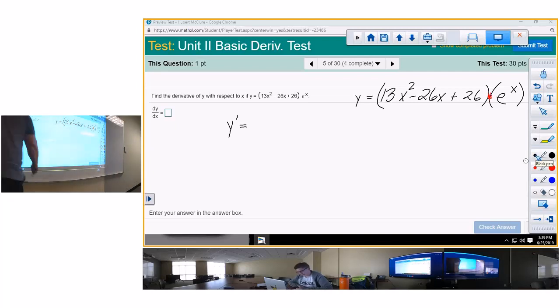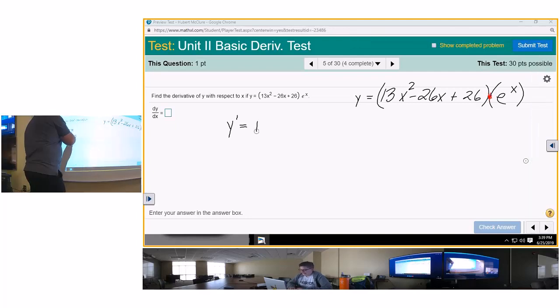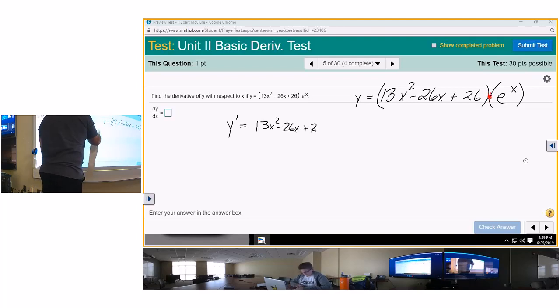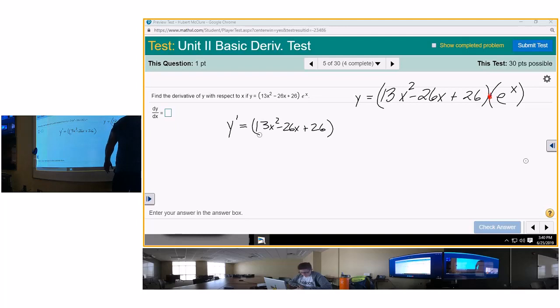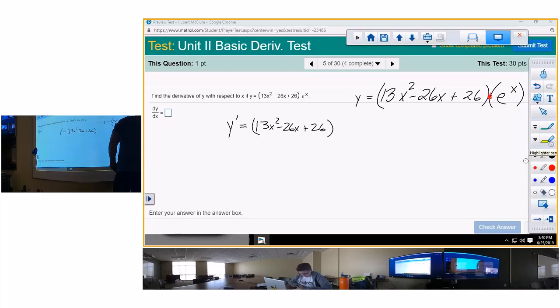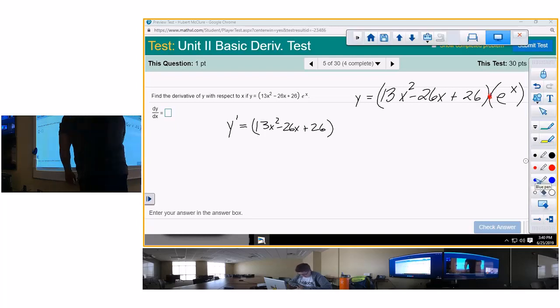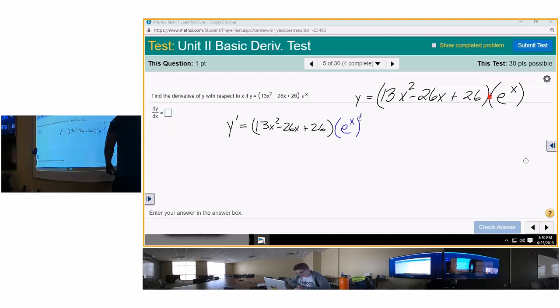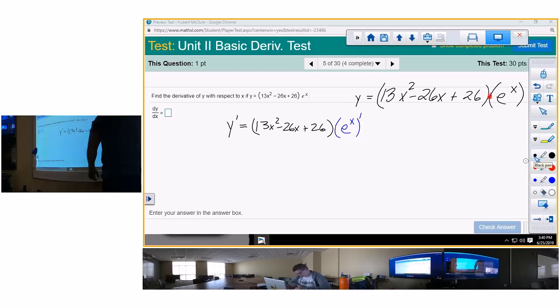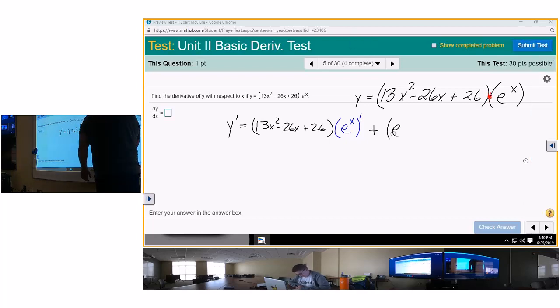So, all right, y prime is equal to the first times the derivative of the second, and I'm going to put that in blue, plus e to the x. If you get the derivative of e to the x wrong, don't tell anybody. Plus the second times the derivative of the first, and I just wrote dx.